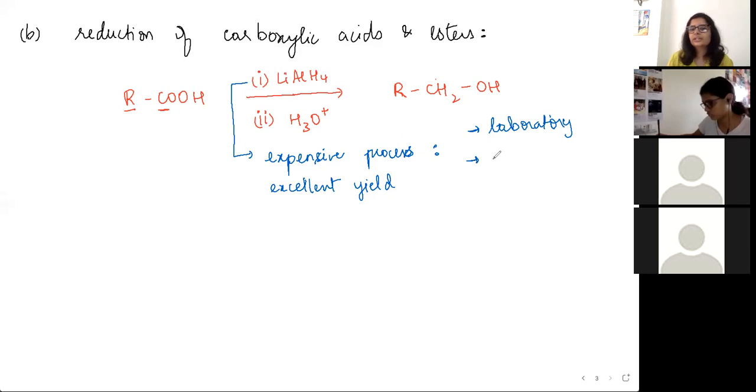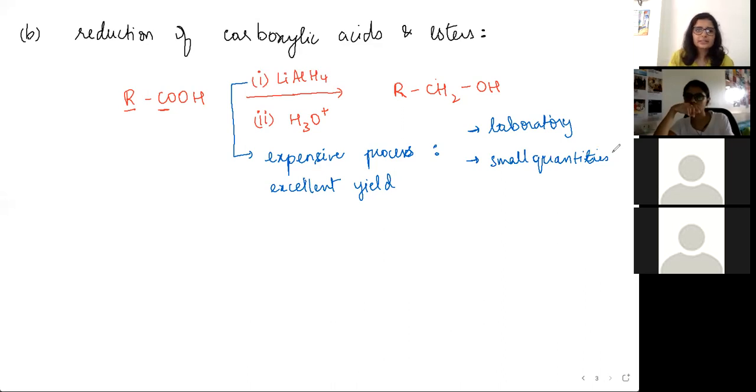Or it is used in industry when you need to produce small quantities of valuable substances, like if you want to produce a specific medicine or a drug or hormones, things like that.